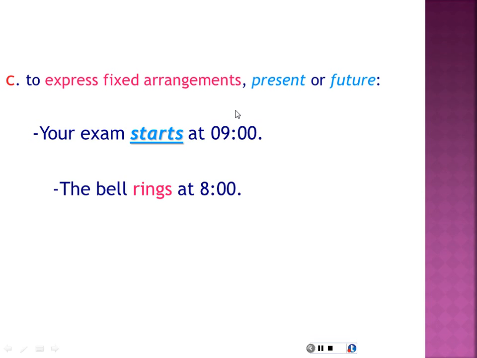The second example, the bell rings at 8. يرن الجرس الساعة 8. This is another fixed arrangement. It doesn't change. لا تتغير. Number 3, the bus arrives at 7 o'clock. تصل الحافلة الساعة 7.